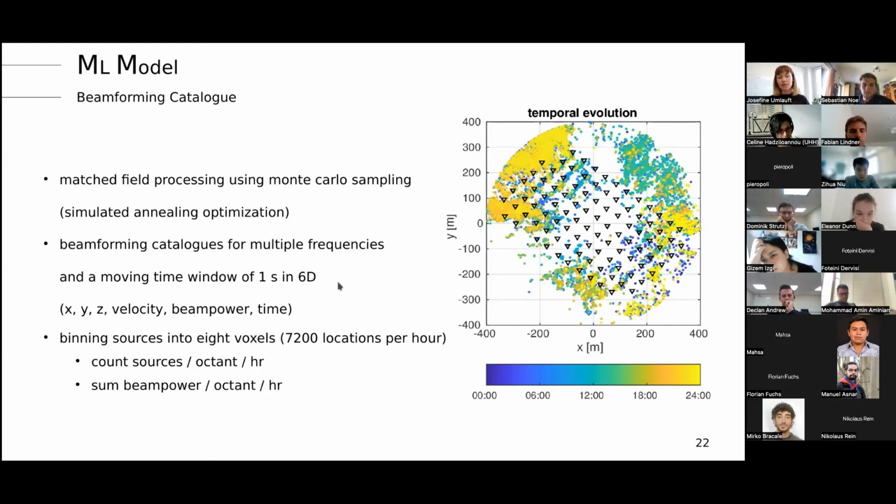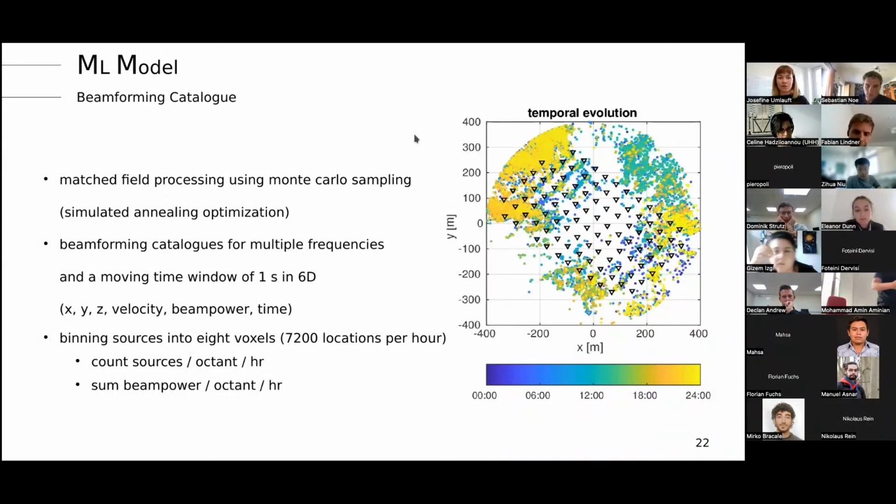And for each second and each frequency, we have the source position, so X, Y, and Z. We have the velocity, the beam power, which is a quality factor for the location, and the timestamp, of course. So as you can see here on the plot on the right-hand side, those are many, many sources. This is just a plot of 1 day, color-coded by time.